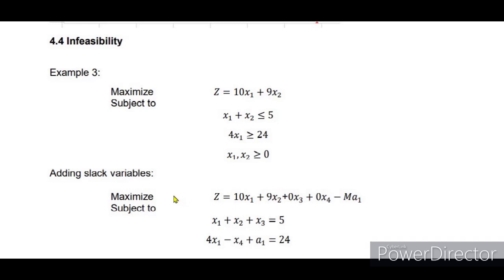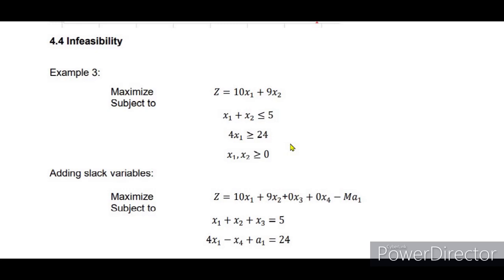So adding the slack variables, you notice that in the second constraint, we have a negative slack variable, which is minus x sub 4. Why? Because the sign of the inequality here is greater than or equal. So when we have a greater than or equal sign, the slack variable will be negative.